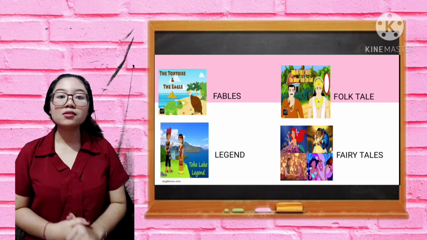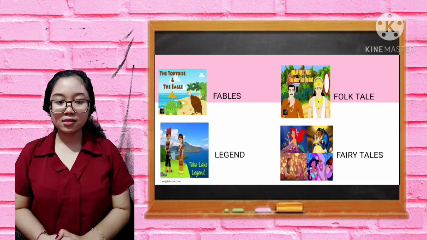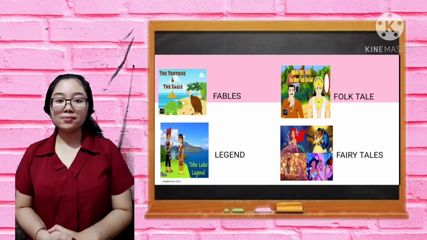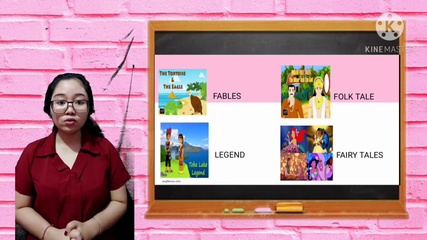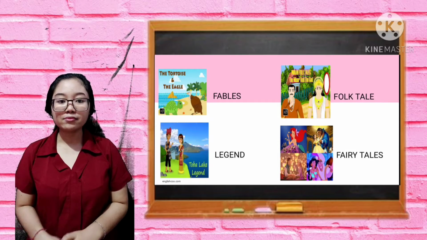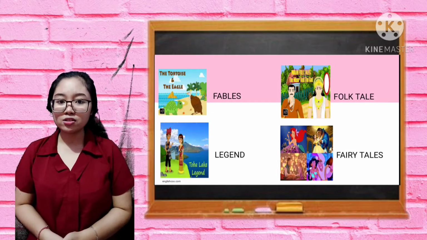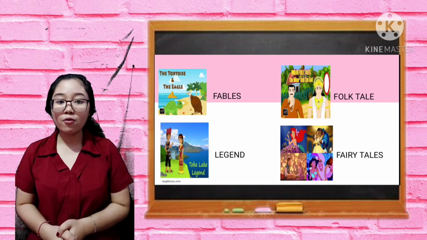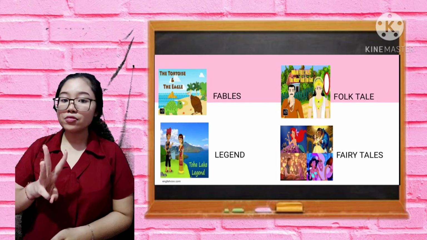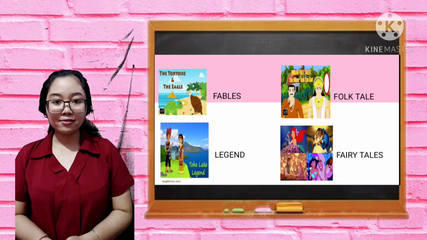There are several kinds of narrative texts. The first one is fables. The story usually uses animals as roles. The second one is legend. The story usually tells the origin of a place. The third one is folk tale.